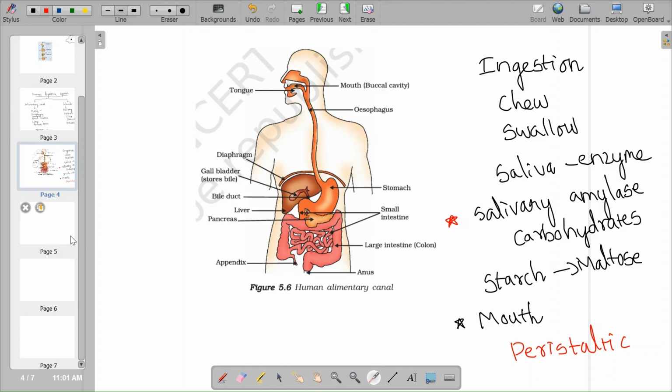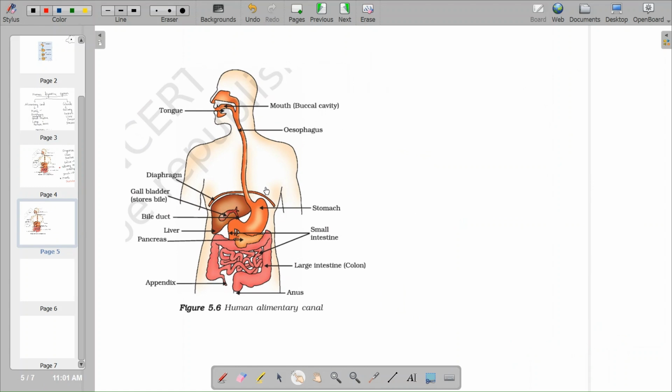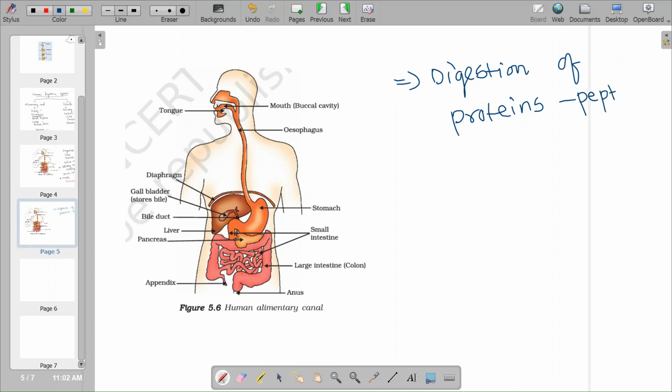Now we will discuss what changes happen in our stomach. Here we have some important questions. The first important point is that digestion of protein takes place in the stomach.